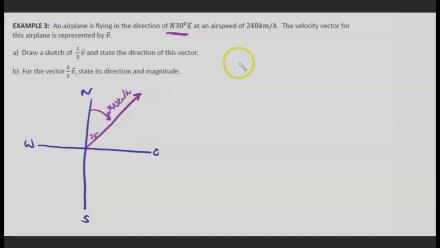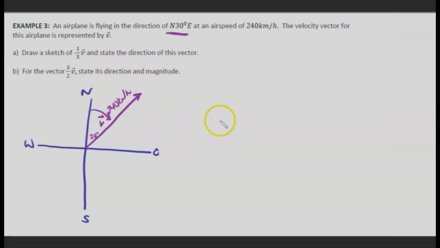Okay, so that's that vector. The velocity vector for this airplane is represented by vector v. So this is going to be vector v. So A asks us to draw a sketch of -1/3 of vector v and state the direction of this vector.